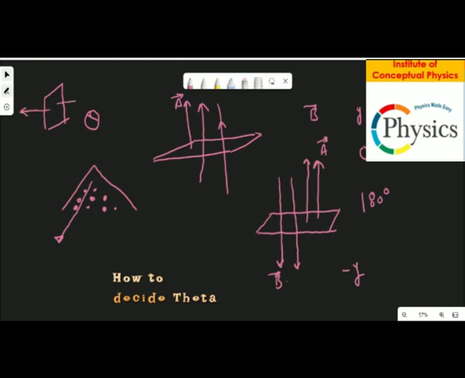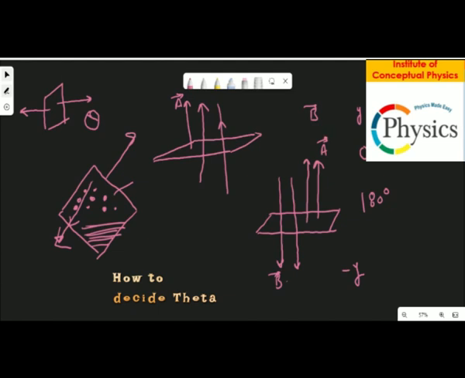You always draw the area vector on the side which you see, on the front face, and you have to draw it like this, right? So in our question, also be very careful.